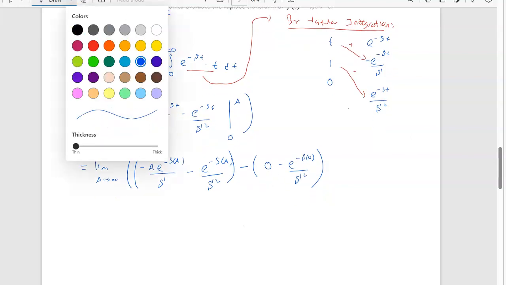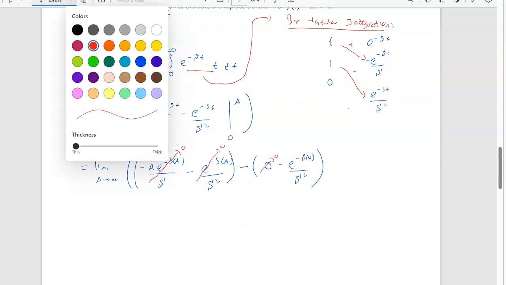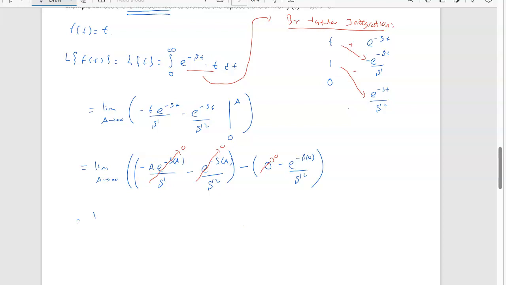And as we're evaluating the limit, this one goes to 0, this one goes to 0, this one is already 0, and we only end up evaluating the limit as a goes to infinity of, and notice that negative and negative, it's going to be a positive. I'll just rewrite it as e to the 0 divided by s squared, or this ends up being 1 over s squared for s greater than 0. So 1 over s squared is what we end up with.